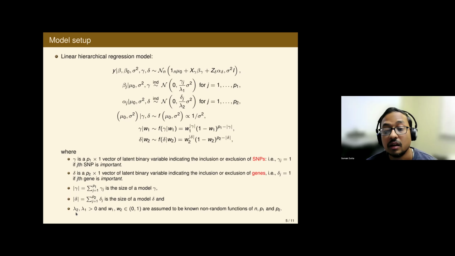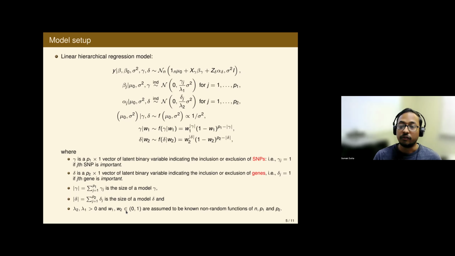Here, these numbers, lambda1, lambda2, w1, w2, are assumed to be known non-random functions of the sample size, the number of varieties, number of SNPs, and number of genes. These are typically elicited based on our prior understanding of the problem, and we will learn in different cases how to choose the values of lambda1, lambda2, w1 and w2.